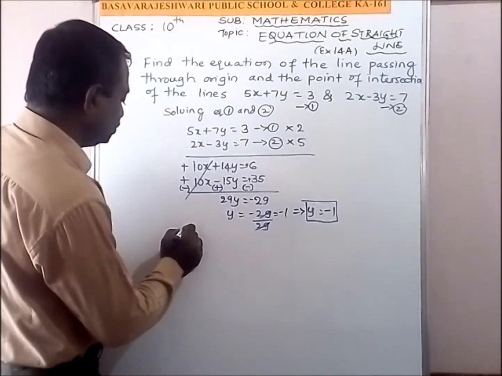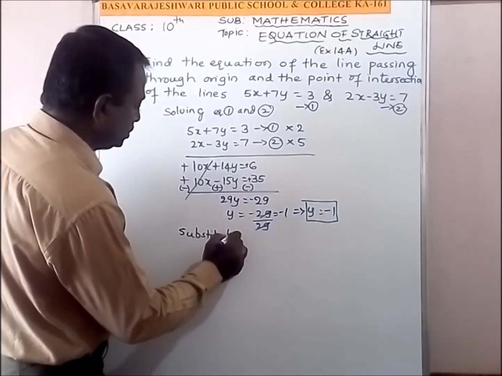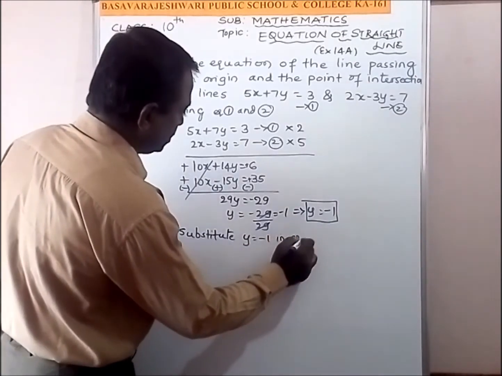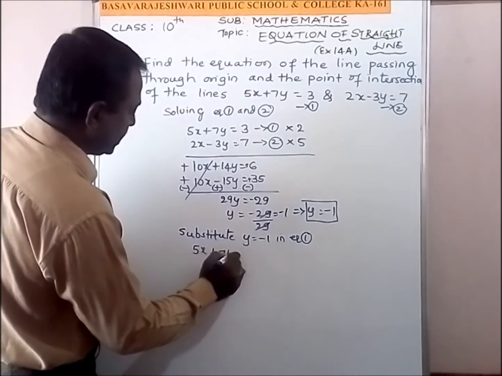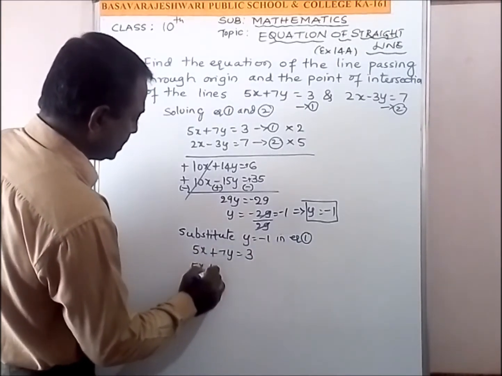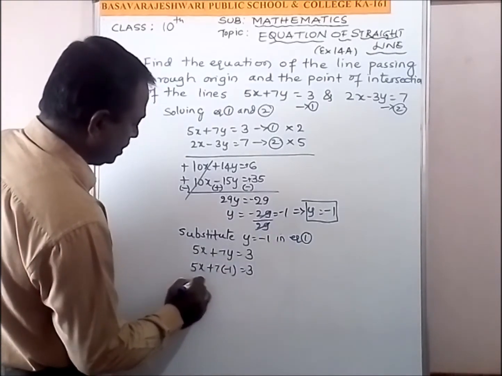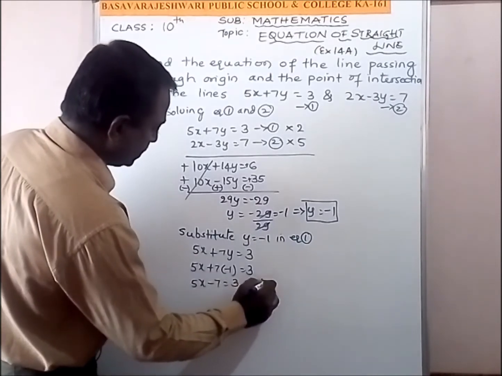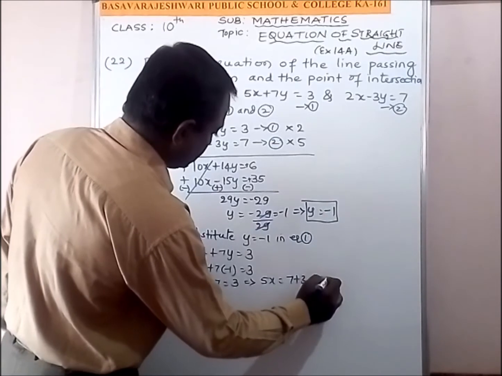Now substitute y is equal to minus 1 in equation number 1. 5x plus 7y is equal to 3. 5x plus 7 into minus 1 is equal to 3. 5x minus 7 is equal to 3. This implies 5x is equal to 7 plus 3, is equal to 10.